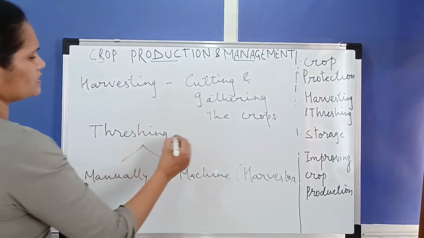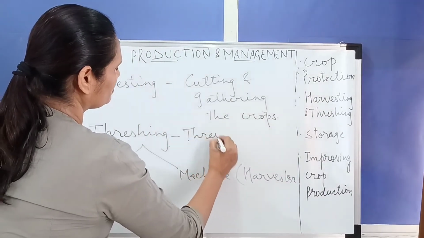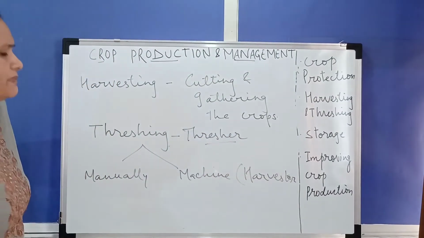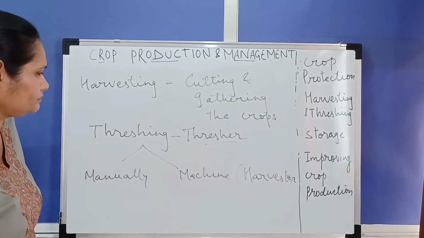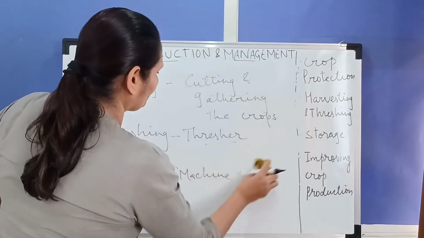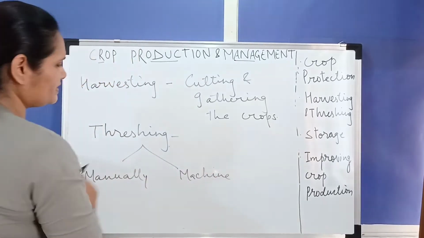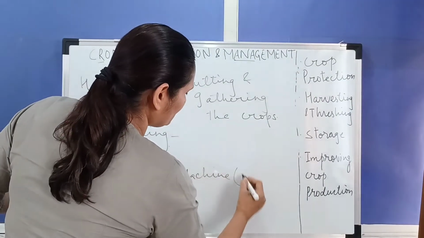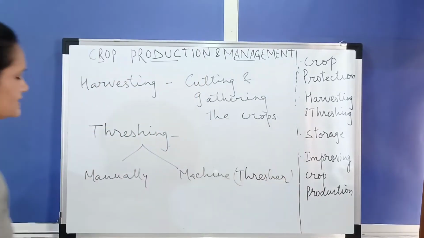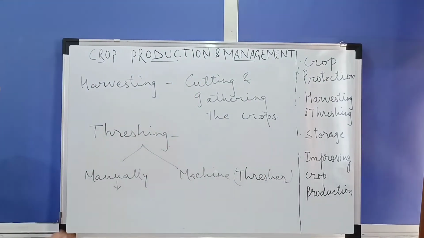And for threshing also there is a thresher used. Thresher is also a machine. Oh, I'm sorry. So threshing only is done through a machine, and that is called a thresher. Yes. Now manually, how is it done?